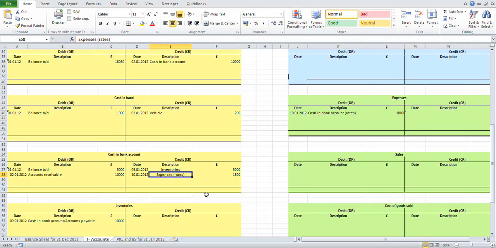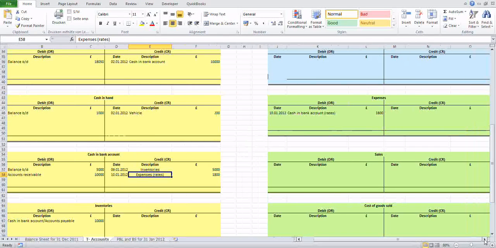The fifth transaction takes place on the 17th of January. The bill for gas and electricity has been received, of £870. So let's consider which accounts are involved. That is an expense, quite clearly.